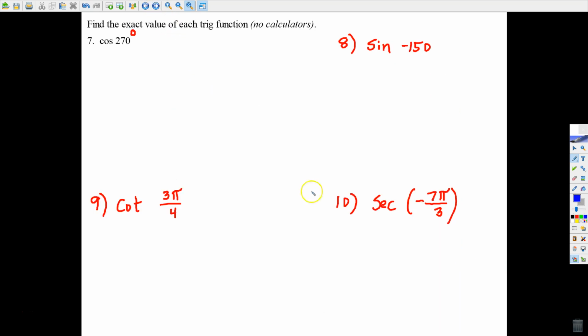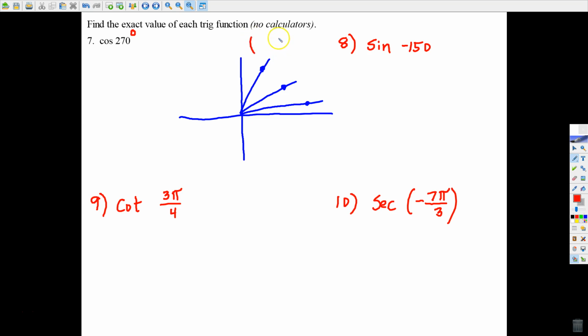Number 7, this will utilize your knowledge of the unit circle. So once again, you may not have to draw the whole unit circle, but you should at least be knowledgeable of the first quadrant, and then you can change your signs accordingly, sort of like what we just talked about.